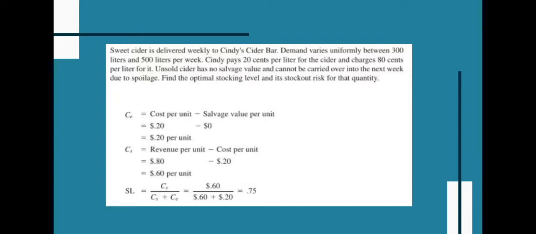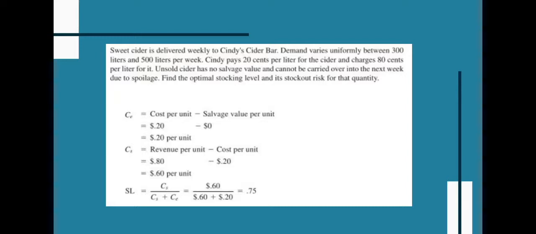Next, we'll find the shortage cost. The shortage cost is equal to revenue per unit minus cost per unit. The revenue per unit is 80 cents per liter. The cost per unit is 20 cents per unit. So 80 minus 20 cents is equal to 60 cents per unit.